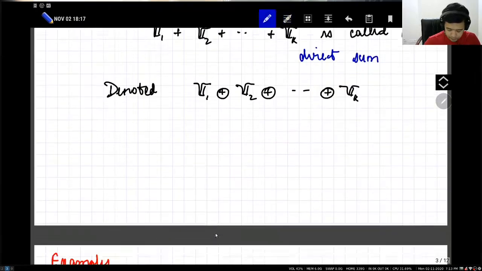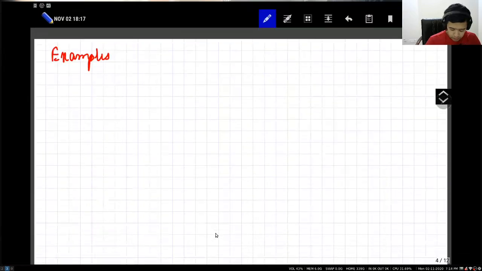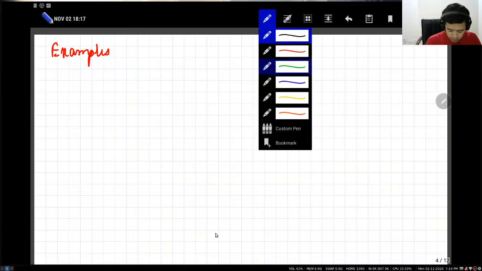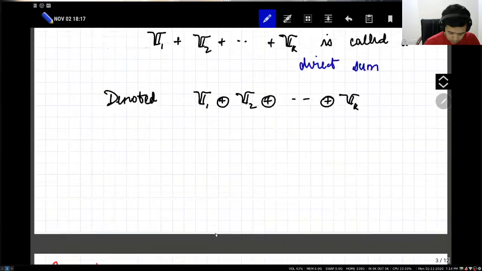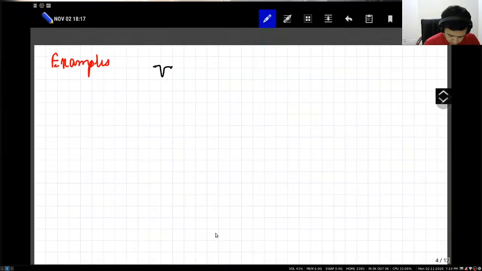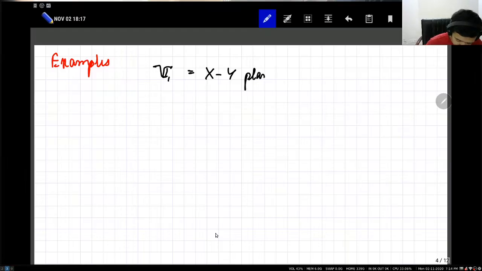All right. So again, let's revisit the examples that we had. On the one hand, let's take V1 to be the xy plane, and V2 to be the z-axis.